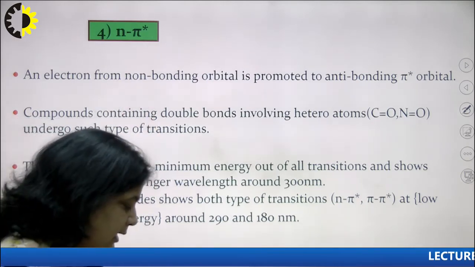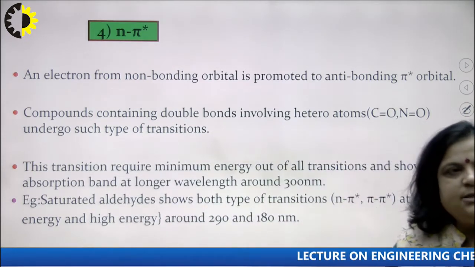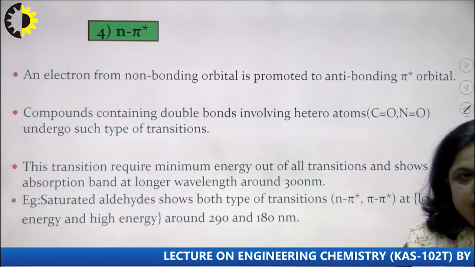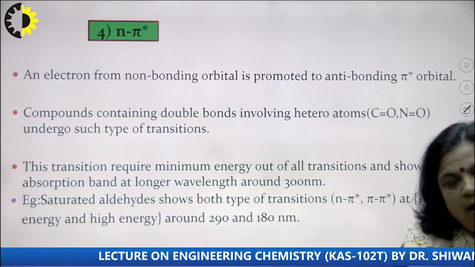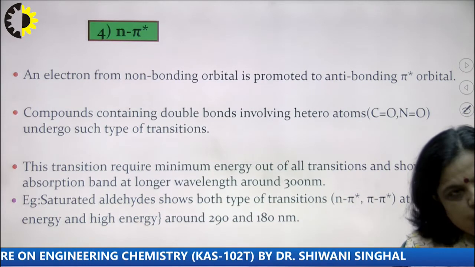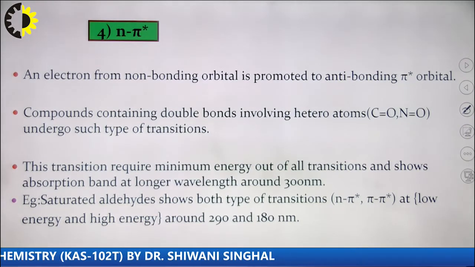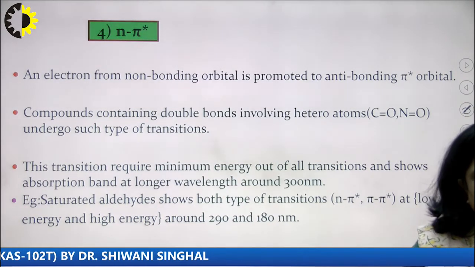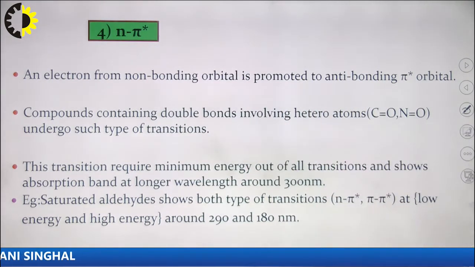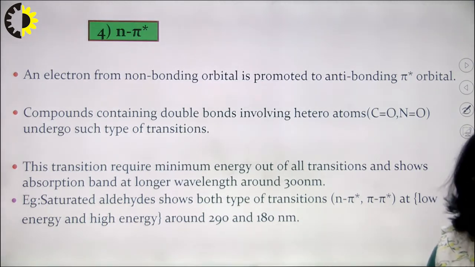As we know, suppose some material looks green, it means when we pass white light, which is a combination of 7 colors, it absorbs the red color and its complementary color is green, and due to this transition the thing looks green. It means the color shown to the naked eye may be due to this n to pi star transition, and there are some other reasons like ligand metal transition, d-d transition, etc.